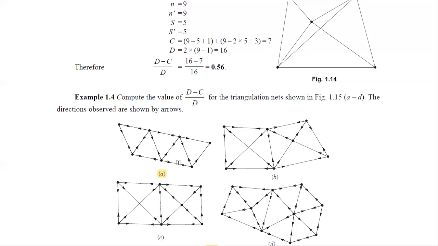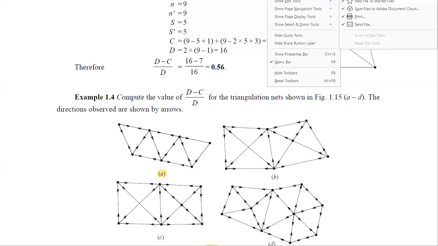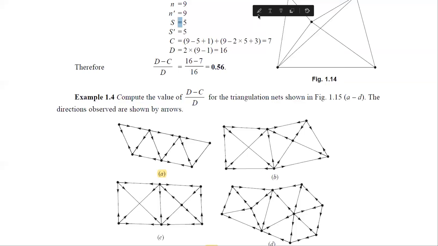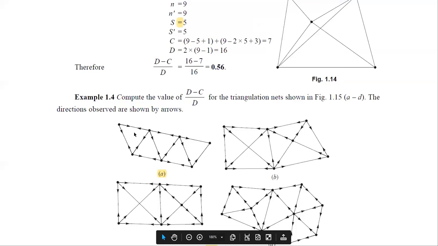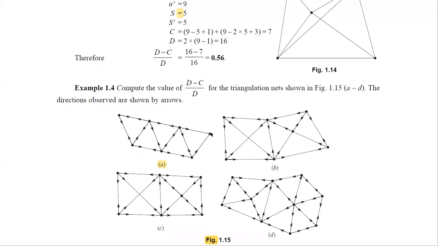So we'll find S dash as total stations except one, that is this station that has not been occupied. So S is equal to 7 and S dash is equal to 6.